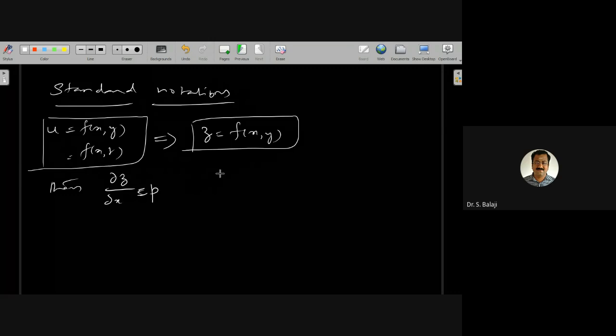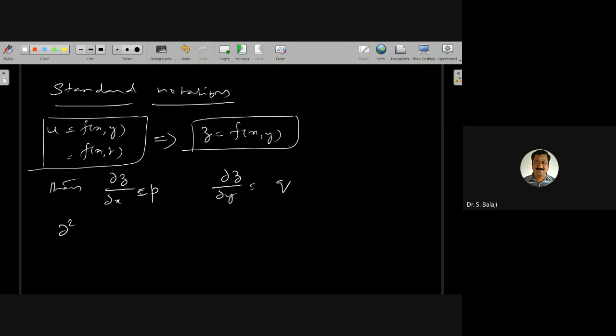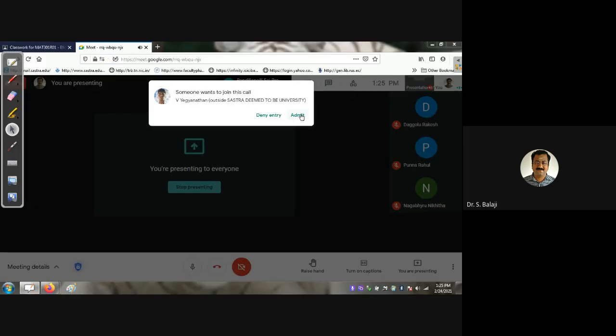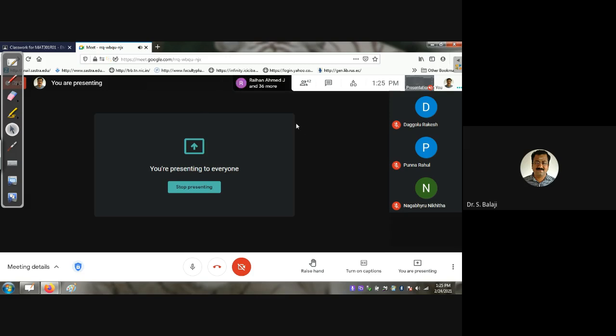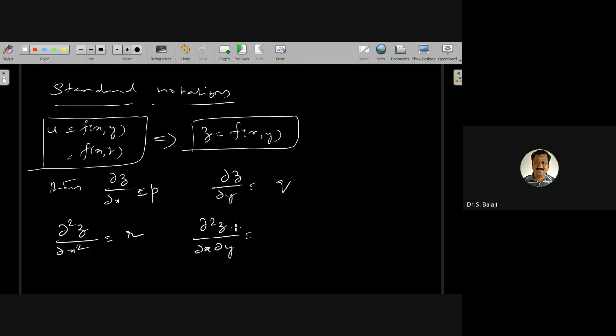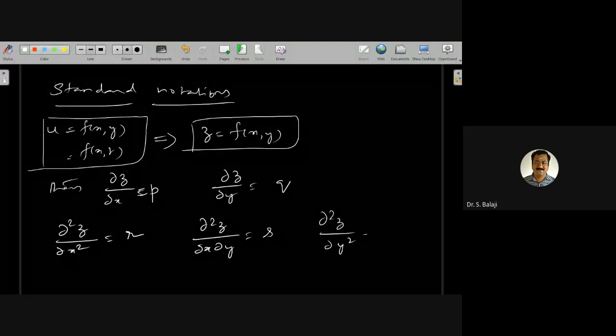Similarly, dou z by dou y is q. Then the second derivative dou square z by dou x square is r, and dou square z by dou x dou y is s, sorry, r and s here. Another second derivative, dou square z by dou y square, is t.